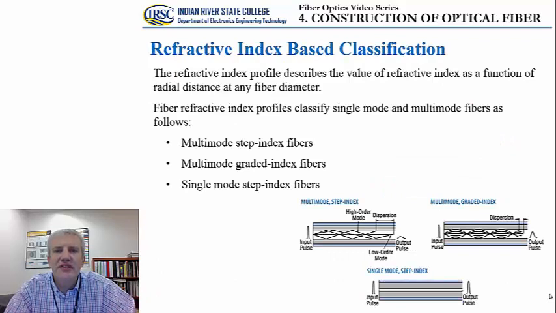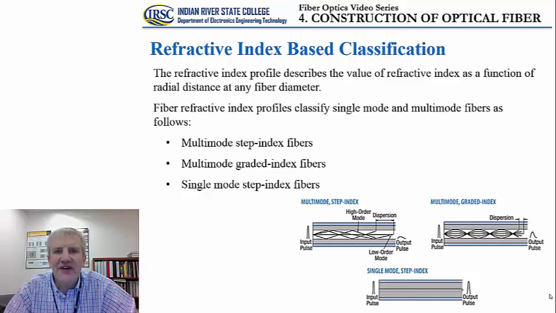With this slide, we're introducing another classification of optical fibers, and that's the classification based on refractive index. We are basically looking at the index of refraction of the core and how it changes as we are moving from the center of the core towards the edge of the core.